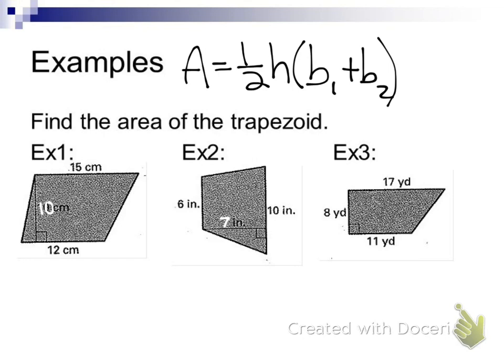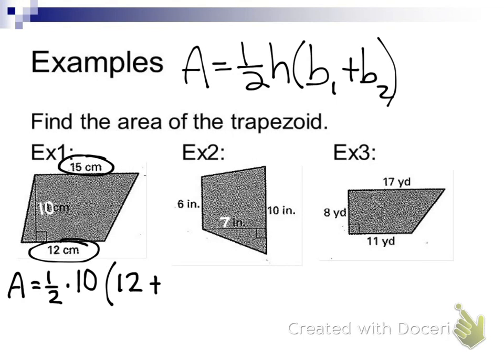Remember that the bases are the sides that are parallel. So this is a base. And this is a base. So I'm going to do area equals 1/2 the height, which is the 10, times those bases when you add them together. So again, you can go from there, type the whole thing in the calculator, or you can go step by step, do the addition first.